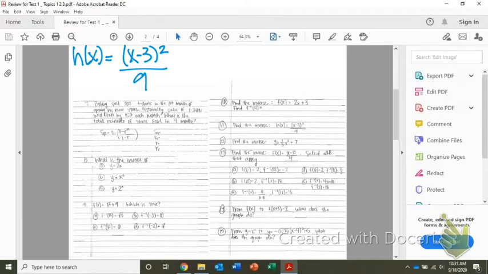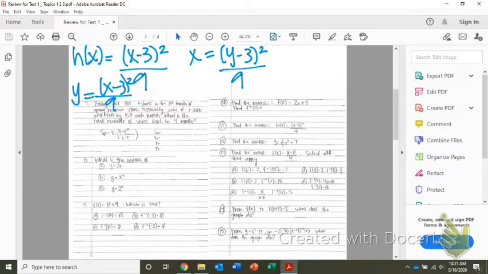So, first thing we have to do is say y equals x minus 3 squared divided by 9. Then we must swap. x equals y minus 3 squared divided by 9.